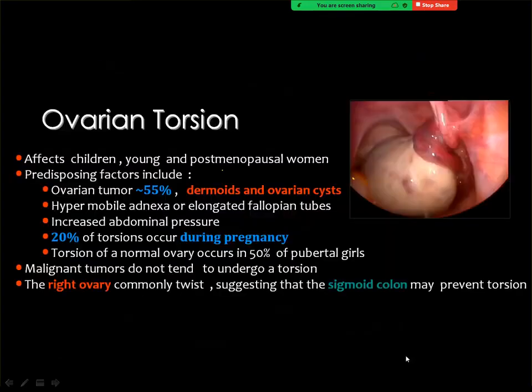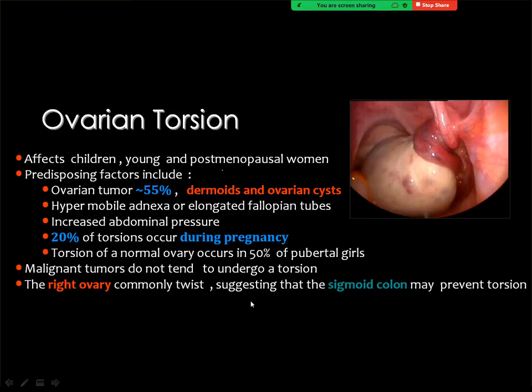Then the ovarian torsion usually affects children, young and postmenopausal women. Maybe there is a predisposing factor, which is usually a dermoid cyst or an ovarian cyst. It should be benign because the malignant lesions may prevent the ovary from being torsed.